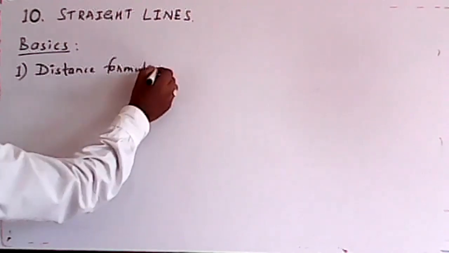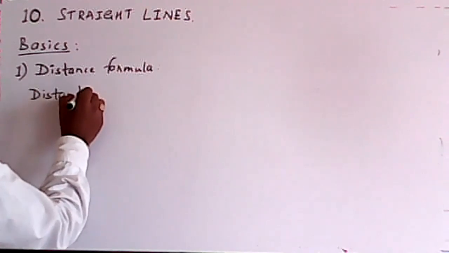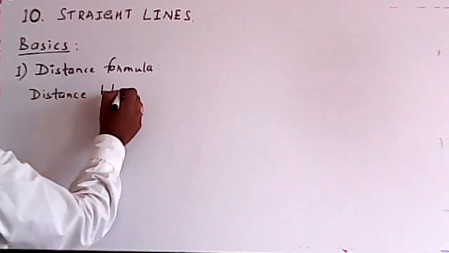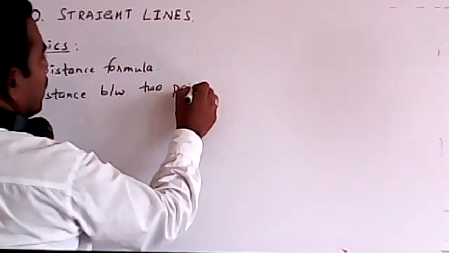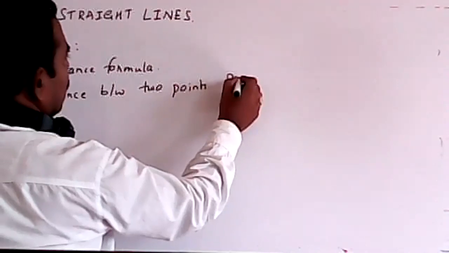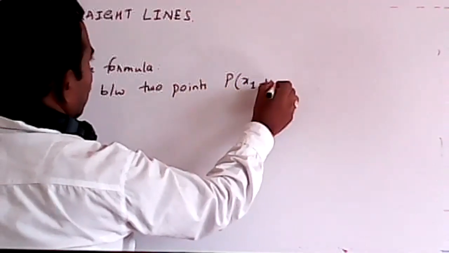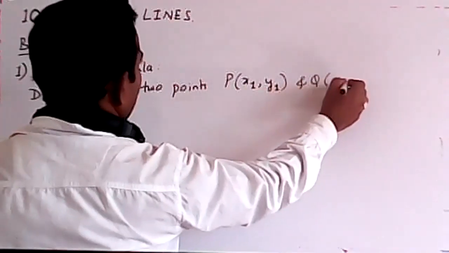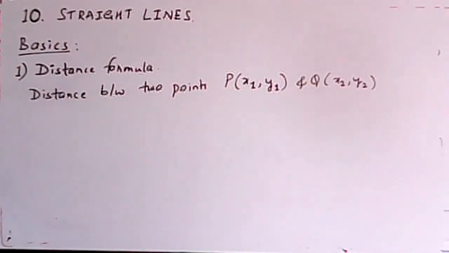That we tell that distance between two points, say the points P having the coordinates x1 and y1, and Q the coordinates x2 and y2, right?